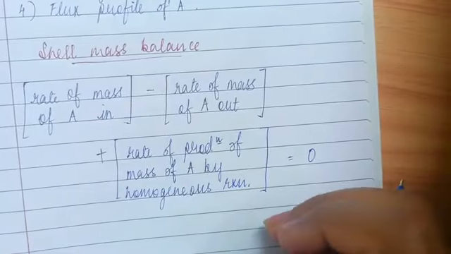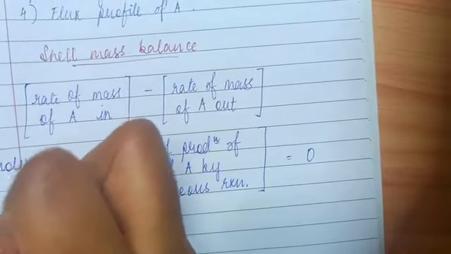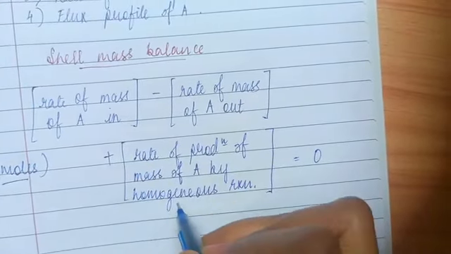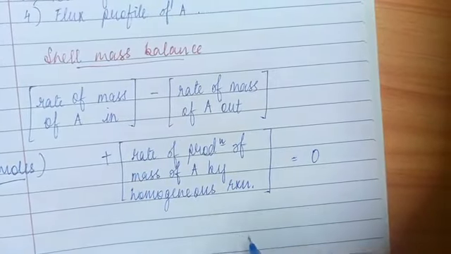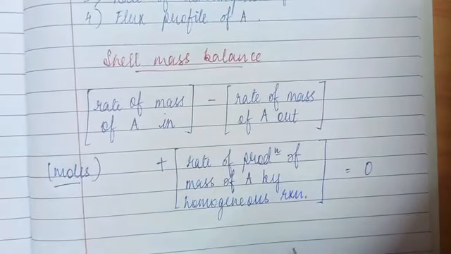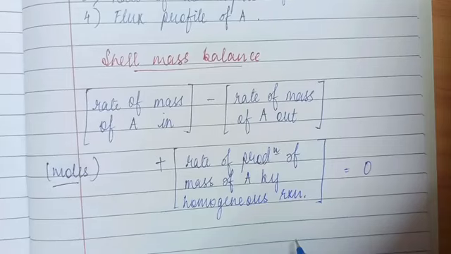The conservation statement can be expressed in terms of moles. The chemical species A may enter or leave the system by diffusion, that is, by molecular motion, and also by virtue of the overall motion of the fluid, that is by convection.